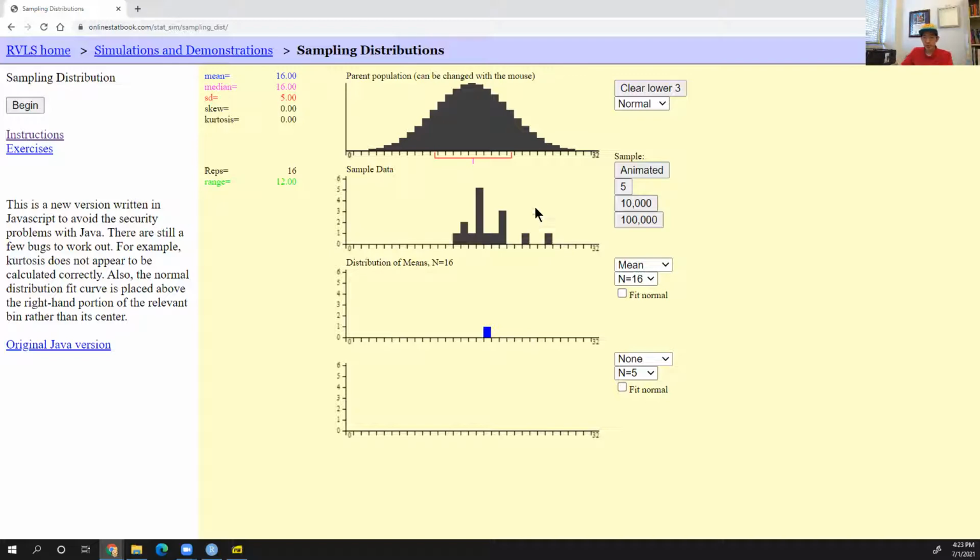Okay, with a sample of size 16, I draw a much bigger sample and I calculate the mean, and it drops down right here. We do this again. Another big sample of 16, calculate the mean, it drops down there.